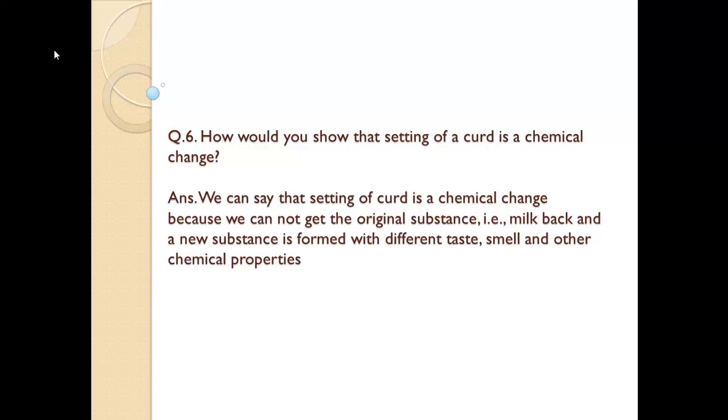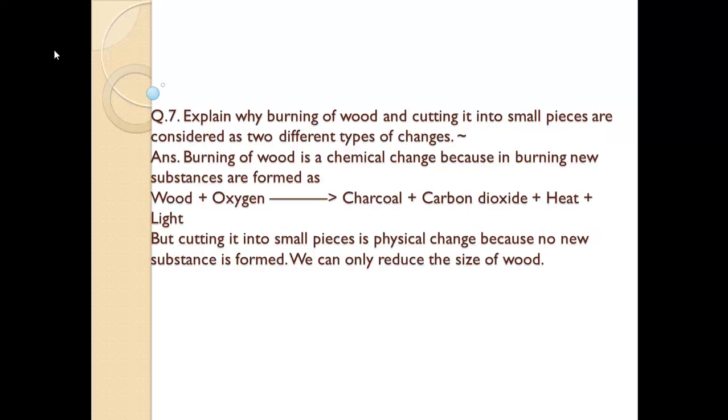Alright, we'll move to question number 7. Explain why burning of wood and cutting it into small pieces are considered as two different types of changes. Burning of wood or any other fuel is a chemical change because during burning a lot of new substances are formed.